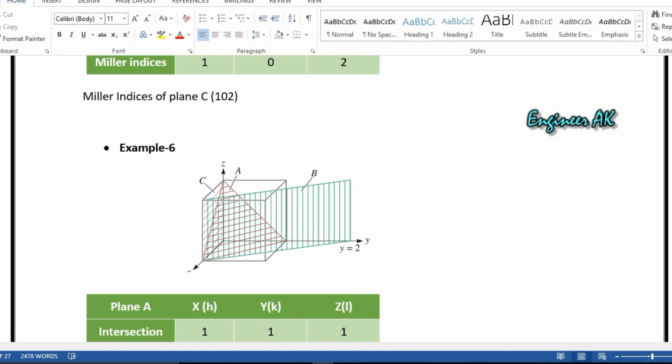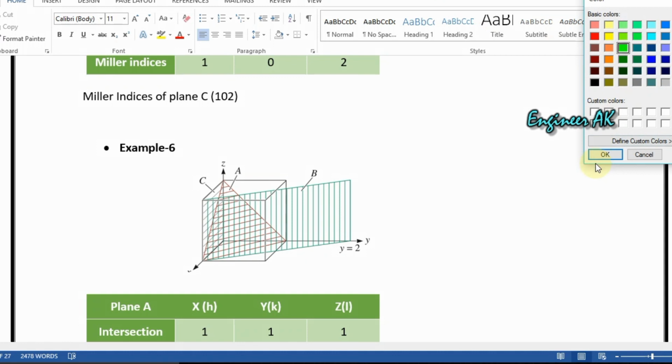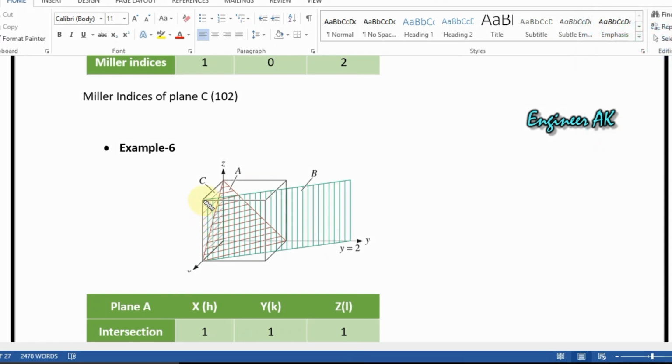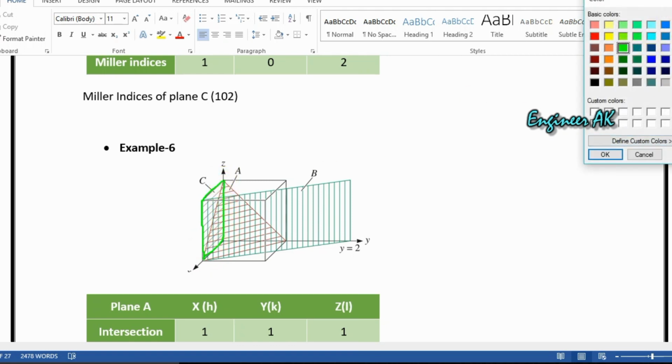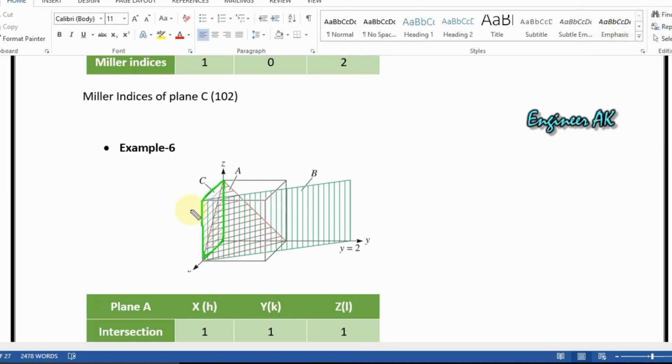Now taking the last plane C, it's this one, this plane. Let me show you this plane. As we have discussed before, this plane is at the origin, because if I move along the x-axis, it is parallel to the x-axis.